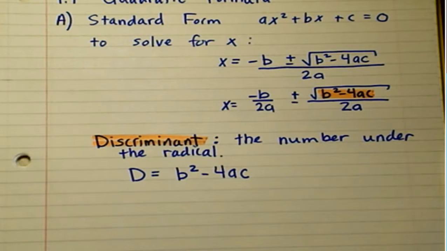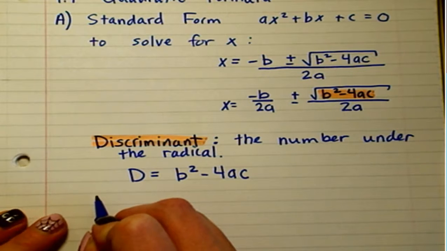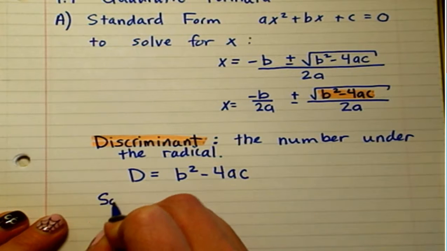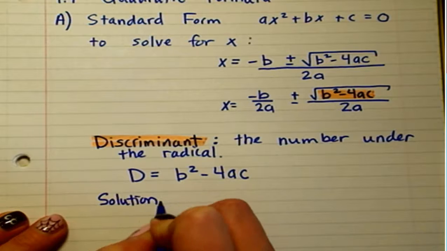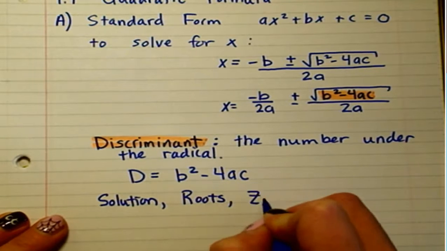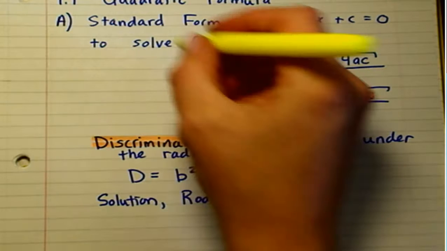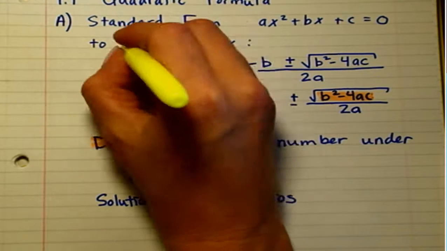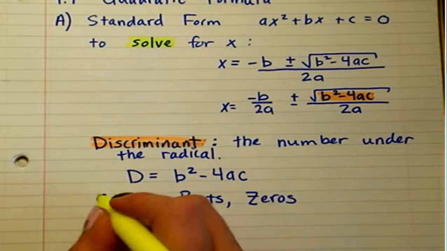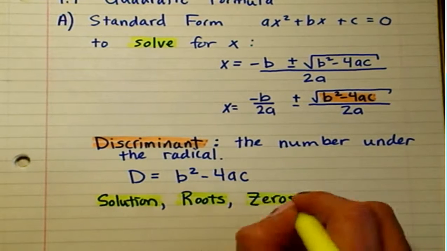Okay. One more set of vocab words. Solution, roots, zeros, all the same thing, right? So when I say solve, those are solutions, roots, or zeros.